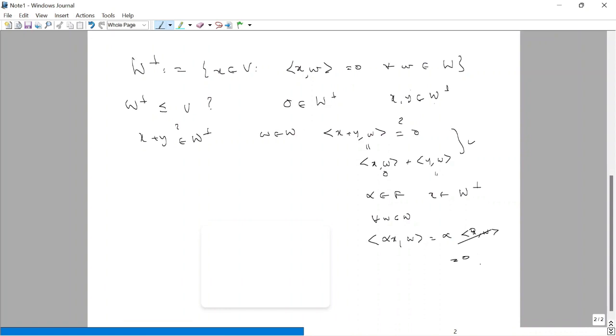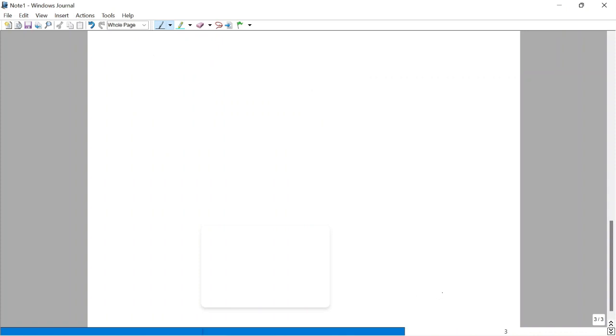Therefore we have shown this W perp is a vector subspace, and we have a name for that. W perp is called the orthogonal complement of W in V.